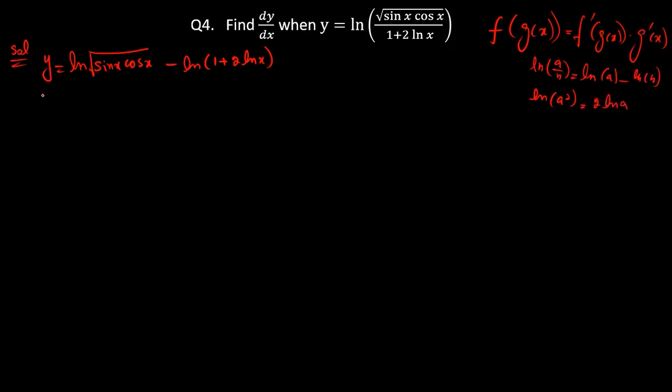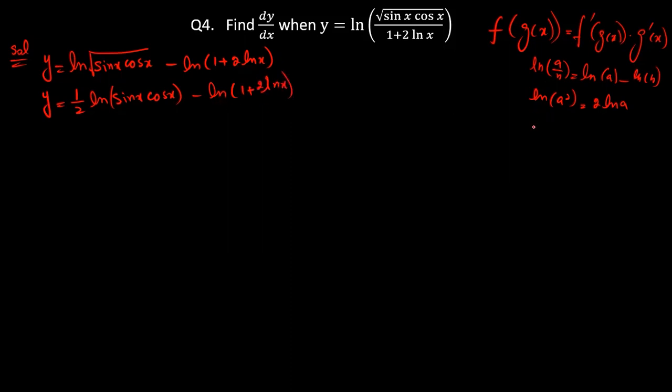So we will use that also. Here we have power 1 over 2, so y is equal to 1 by 2 natural log of sine x cos x, minus natural log of 1 plus 2 natural log of x.